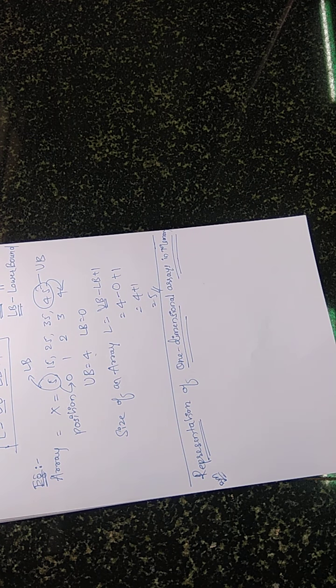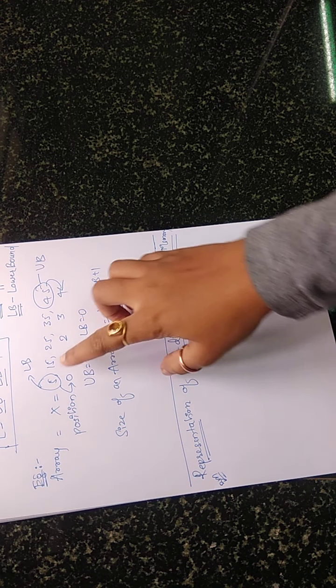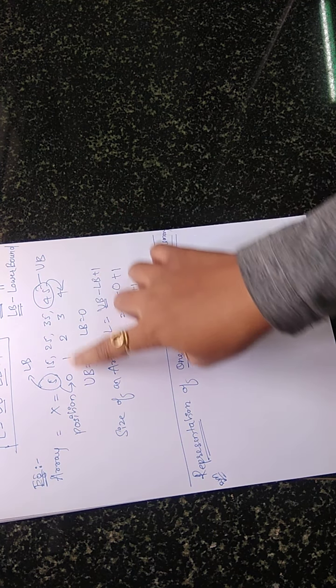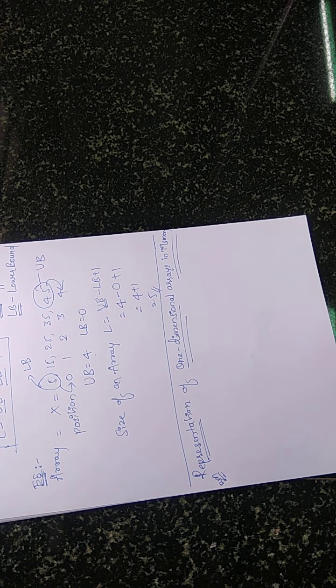The elements of a linear array are stored in consecutive memory locations. We know that the array values we entered are stored in sequence, one after the other, in your memory. Here we'll consider an example.